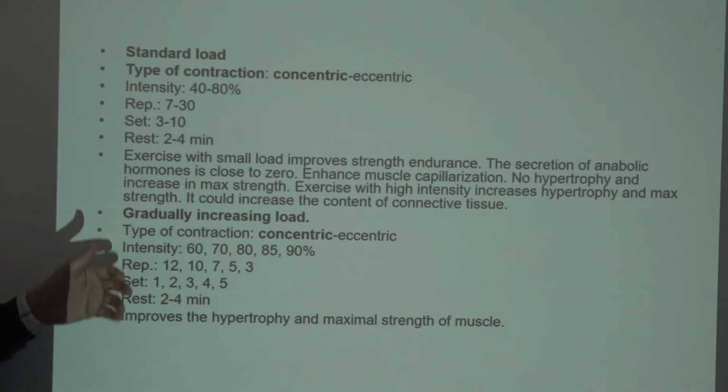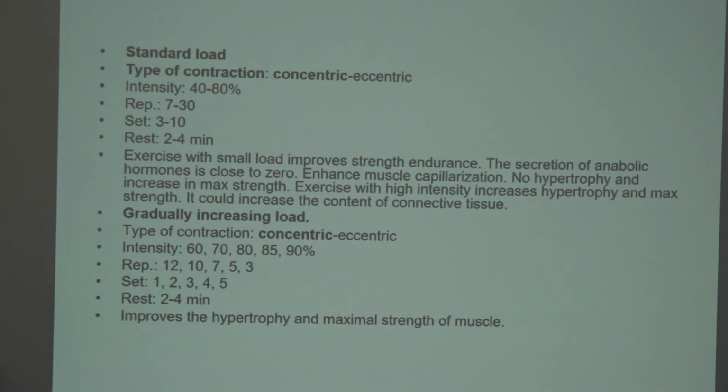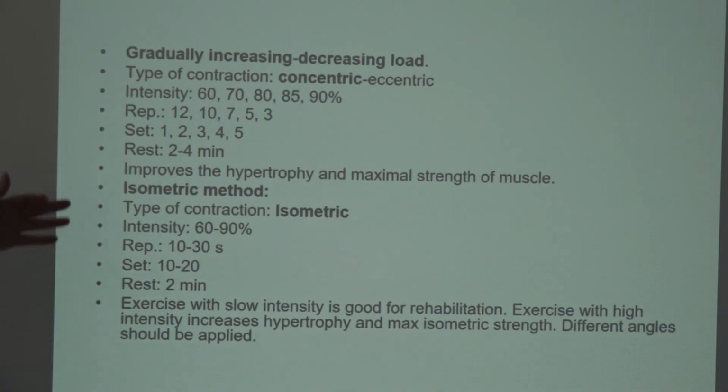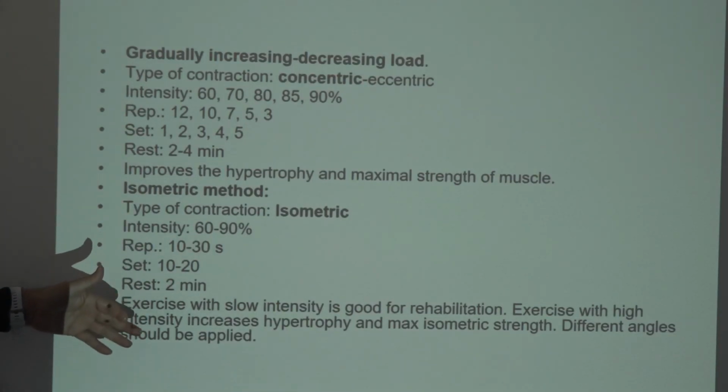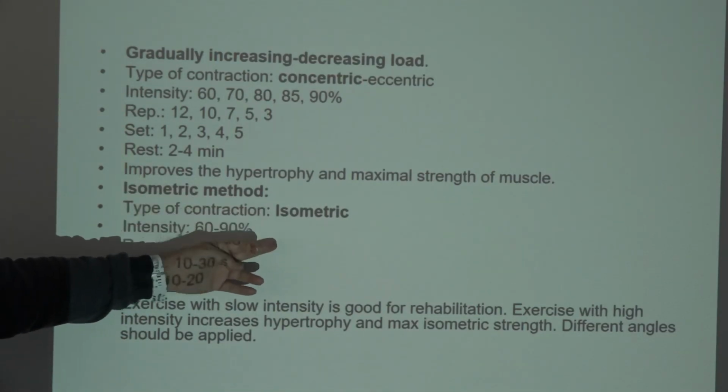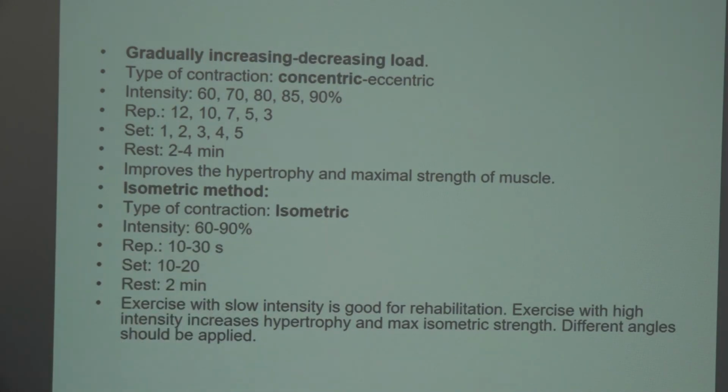So we have different kind of methods selected, gradually increasing load, isometric method. You can see isometric exercise is completely forgotten. It was a big fashion in the 50s to increase muscle mass, very easy to increase muscle mass, but because there is no movement, it's almost completely forgotten, but it has some good effects.